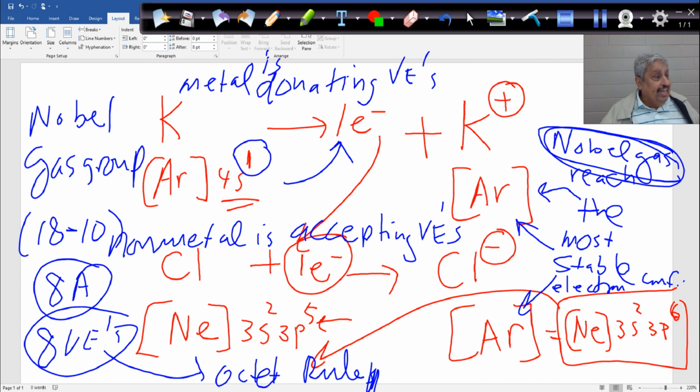Octet means 8. Why are they doing this? They want to reach the stage of very stable bonding, so both the cation and the anion have to reach noble gas configuration.